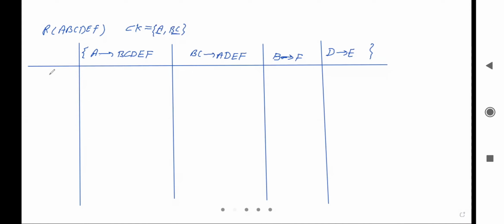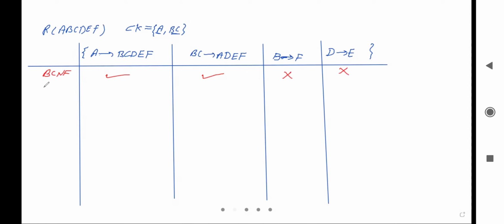Now let's start with BCNF. Here it is BCNF or not. So A is the super key, it means it is BCNF. BC is a super key, it is BCNF. B is not a super key, cannot be BCNF, and D is not a super key, it cannot be BCNF.